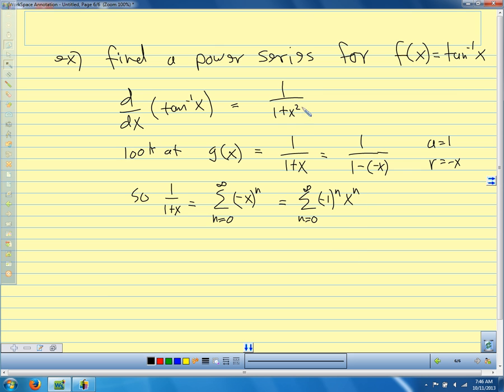And now to get my power series for 1 over 1 plus x squared, I'm just going to substitute x squared in here. So 1 over 1 plus x squared is going to be the sum, n equals 0 to infinity, of minus 1 to the n, x to the 2n. Now how do we get from here to the inverse tangent? We're going to integrate.